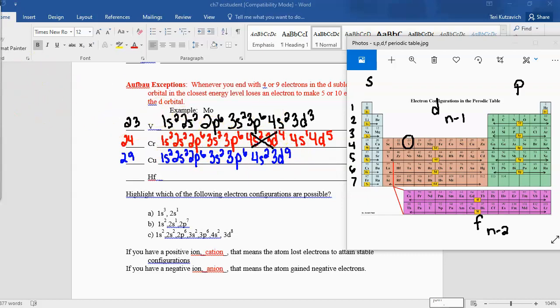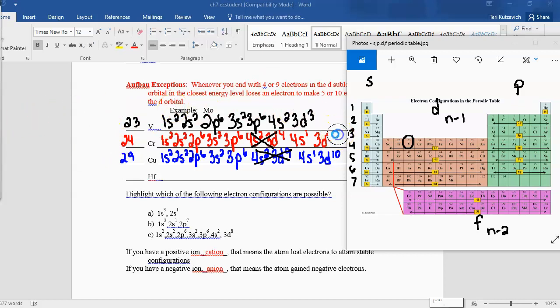I can't end in D9. So that means I have to take one from the S. So this is going to be ending in 4s1, 3d10 instead. And I see that up above in this guy right here, I put 4d5 instead of 3d5. I apologize. All right.